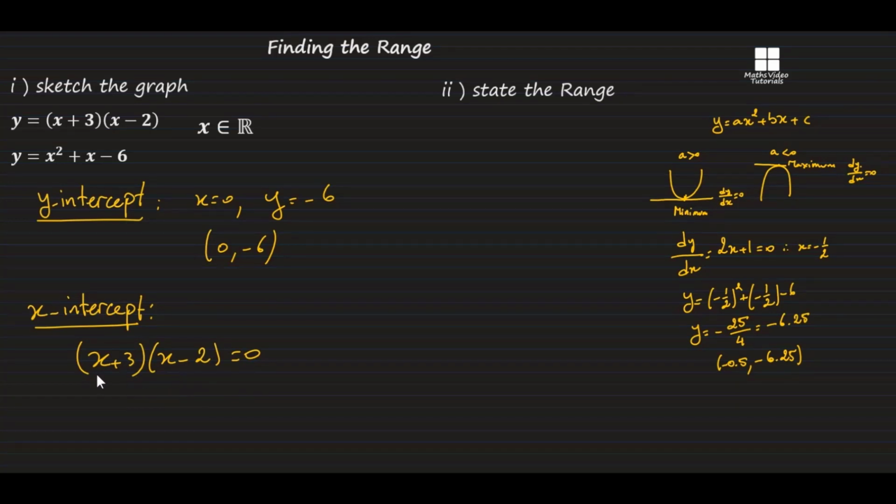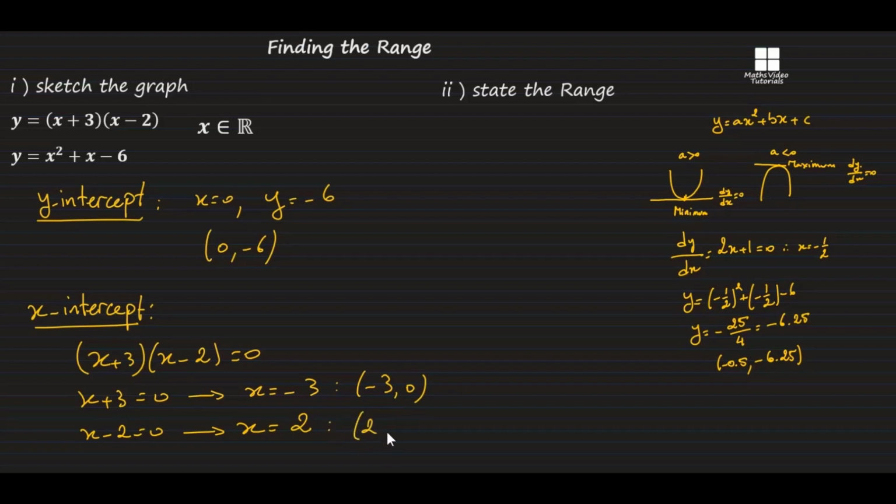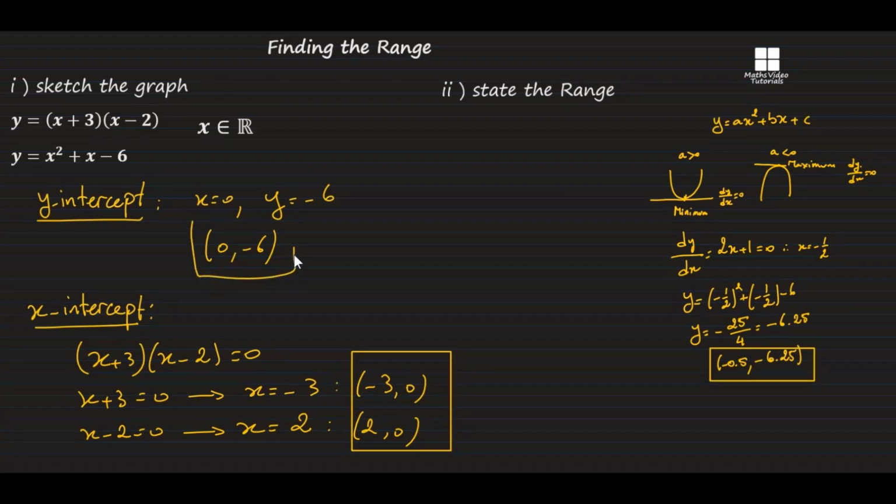To solve this, we need to make x plus 3 equal to 0, which will give us x equal to negative 3, and x minus 2 equal to 0, which will give us x equal to 2. So these are the x-intercepts. For this one here, we can say the intercept is negative 3, 0, and this one here, the intercept is 2, 0. So we've got everything we need: the turning point, the x-intercepts and the y-intercept.